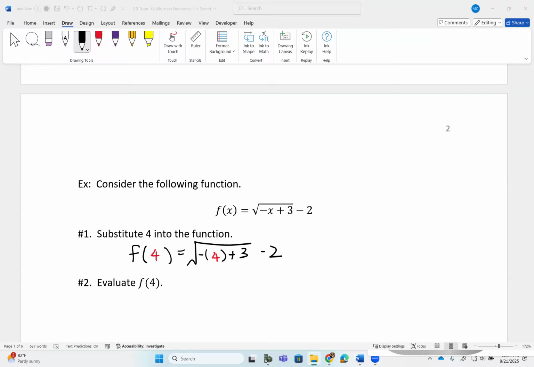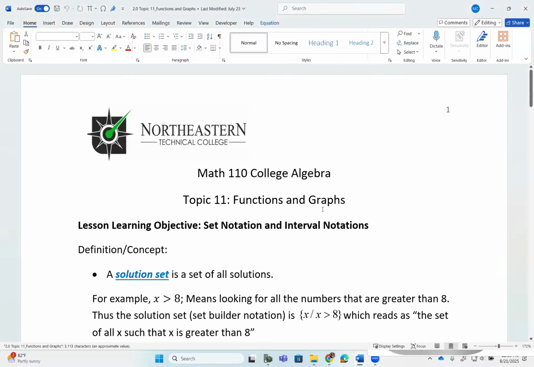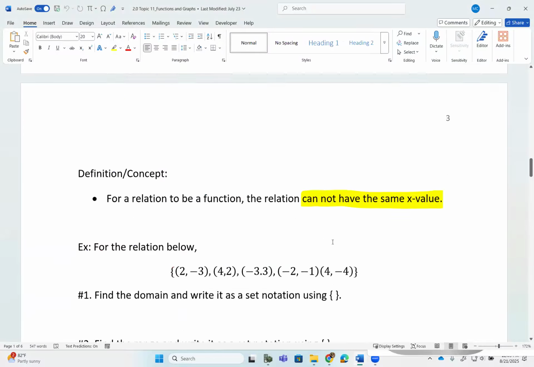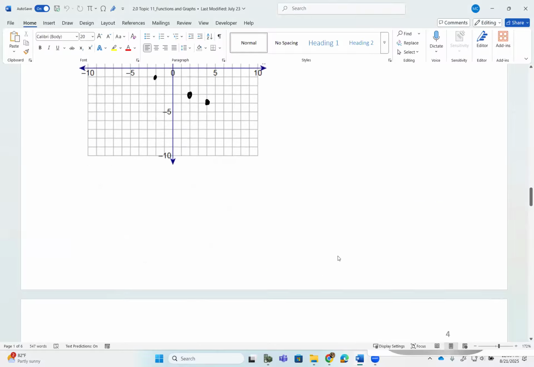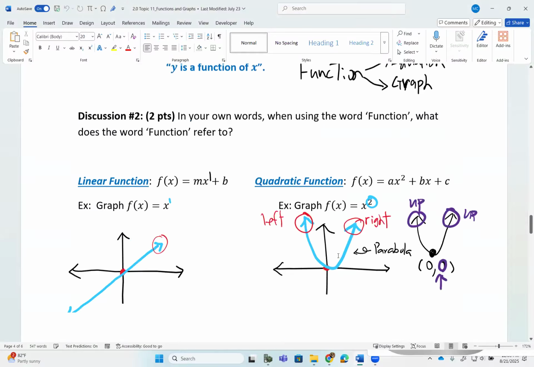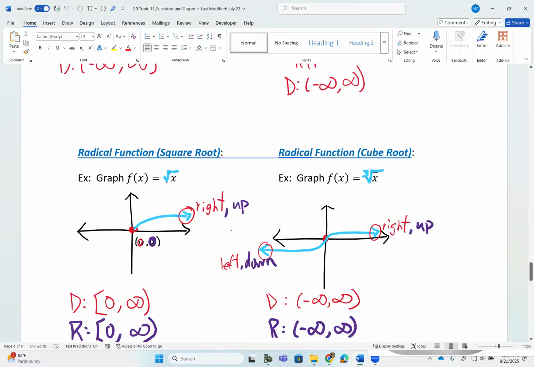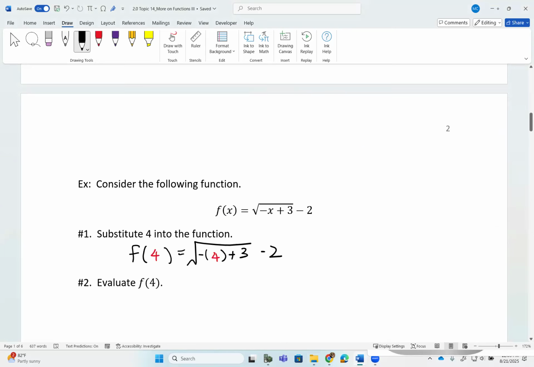I believe it's from topic number 11. A square root function normally looks like this. That's what it normally looks like, but not this particular one.